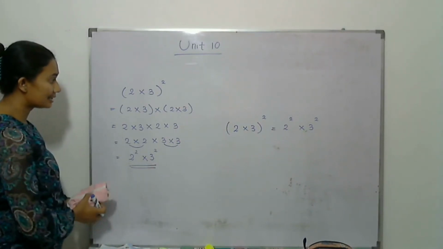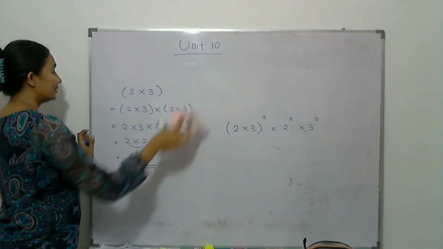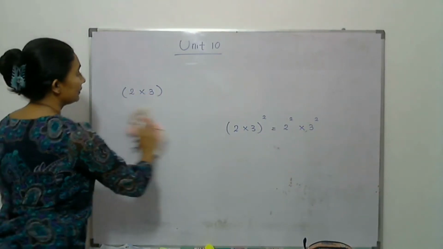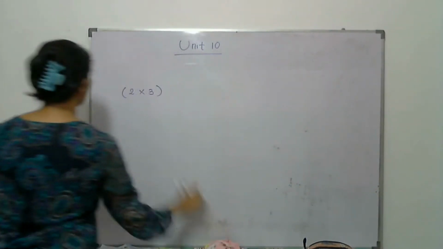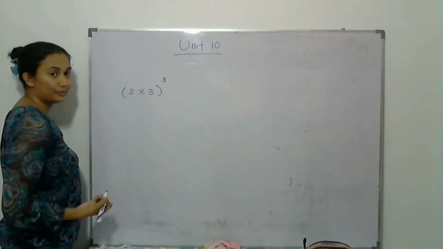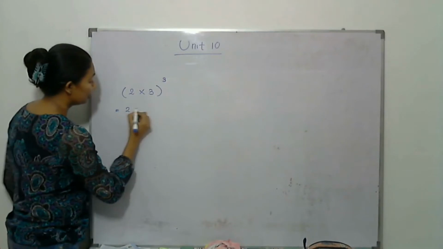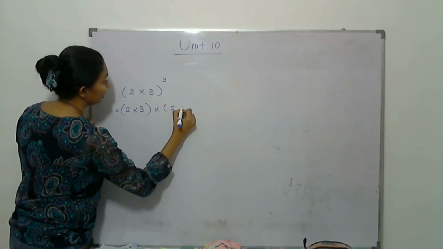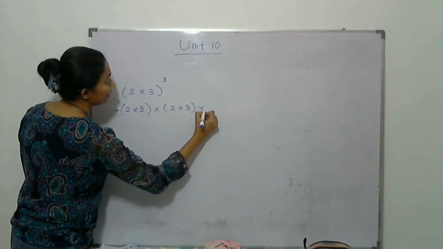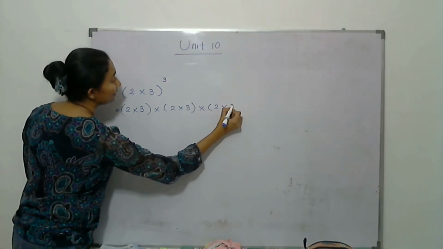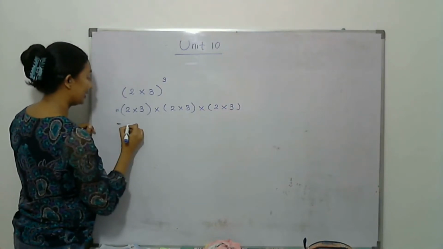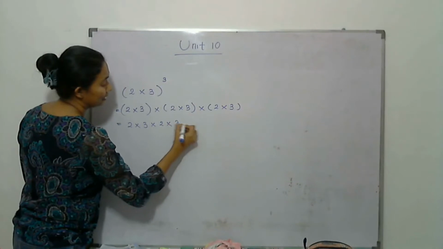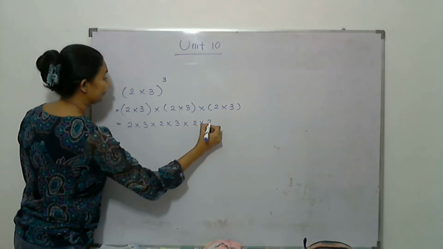Let's discuss the same example with power 3. You see, it's with power 3. That means third power. Now, 2 into 3 into 2 into 3 into 2 into 3. Now again 2 into 3 into 2 into 3 into 2 into 3.